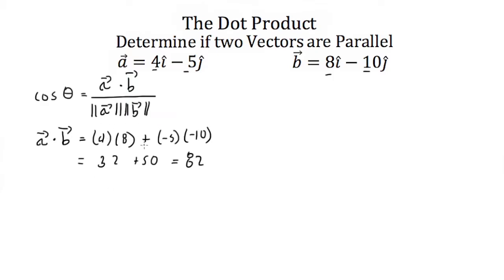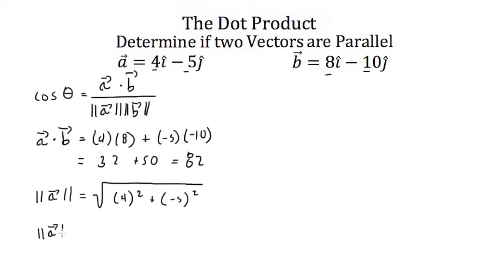Now let's find our magnitudes. The magnitude of vector A is equal to the square root of its x movement squared, so 4 squared, plus its y movement, which is negative 5, and that's also squared. That means the magnitude of vector A is equal to the square root of 41. And if you're curious, that's approximately 6.40.